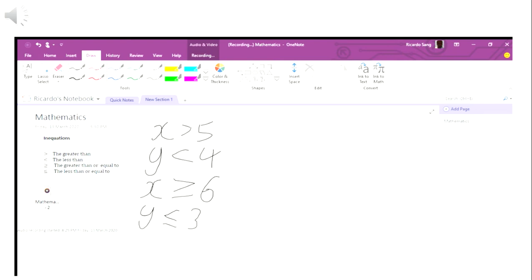Now, I want to look at when we divide. All the signs change when we divide by a negative number.